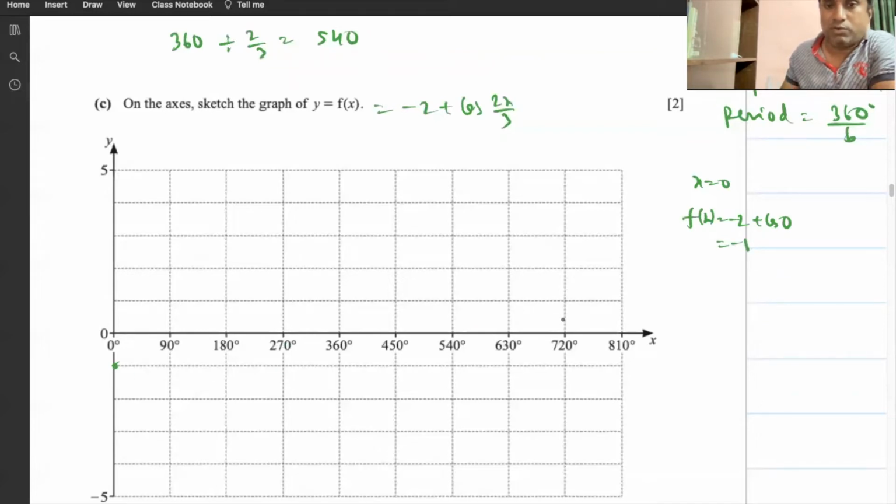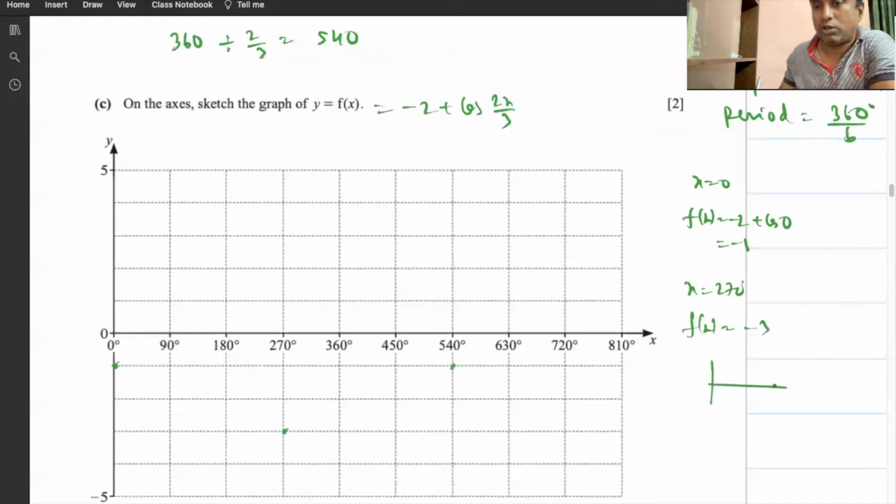And then if I use minus 270, f(x) will be minus 3, the same as at x equals 270, directly using the calculator. So minus 1, minus 2, minus 3. And if I use 540.